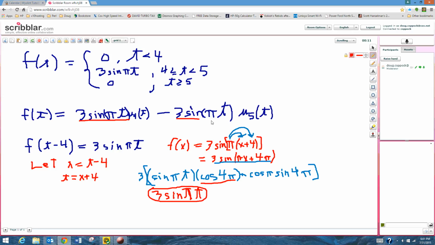But I'll bet this changes over here, because we have to do f of t minus 5, and now we'll be doing cosine of 5 pi, sine of 5 pi, and 5 pi is once around is 2 pi, twice around is 4 pi, so 5 pi is over here. So the cosine of 5 pi is minus 1.